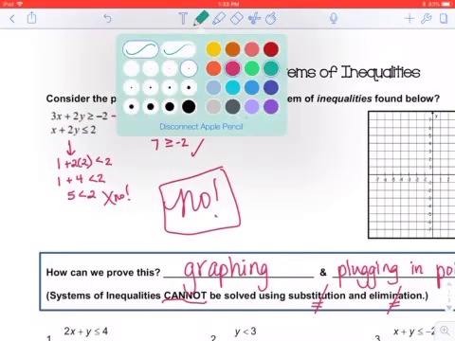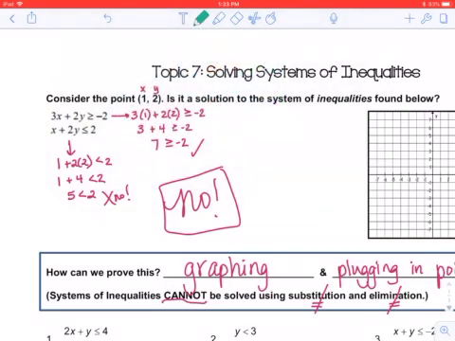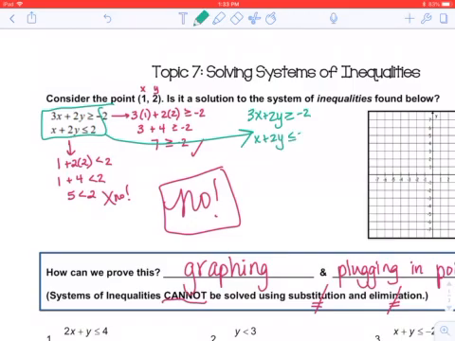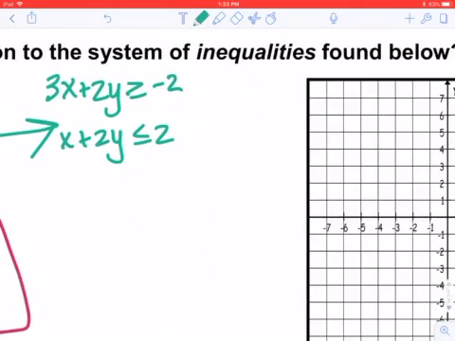So let me switch colors here to switch methods. So let's talk about graphing. If I were to take these exact same 2 equations and put them on a graph, first I would need to solve them for y equals mx plus b, right? Let me write them over here so I can zoom in on my screen and not lose them. So, let's take the first equation.